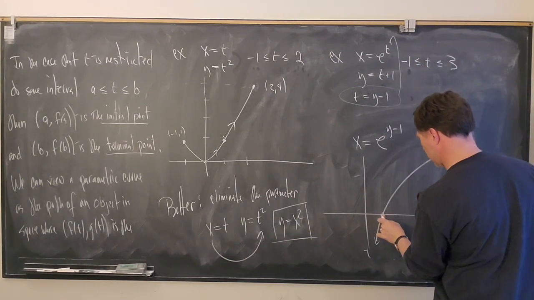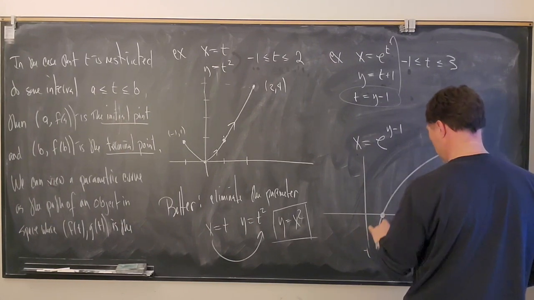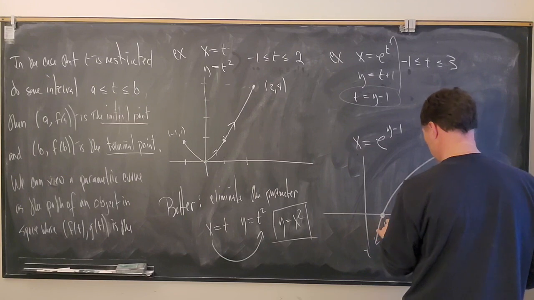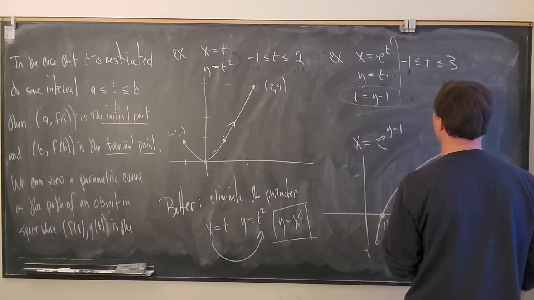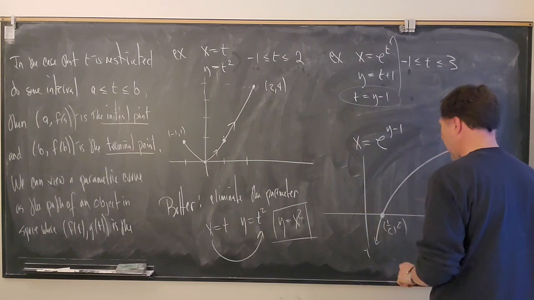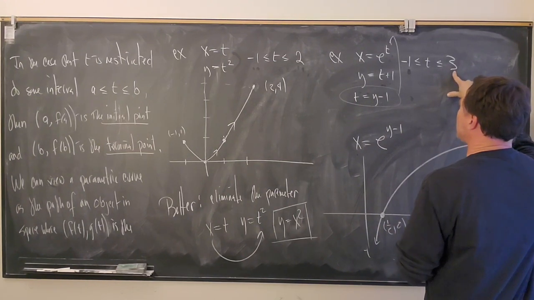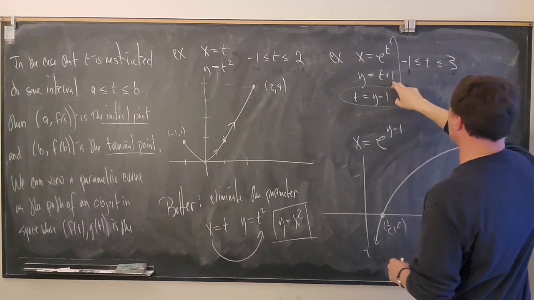Right, so it starts right there at the point 1 over e, comma, 0. And then when t is up to 3, we're going to have x is going to be e cubed and y is going to be 4.